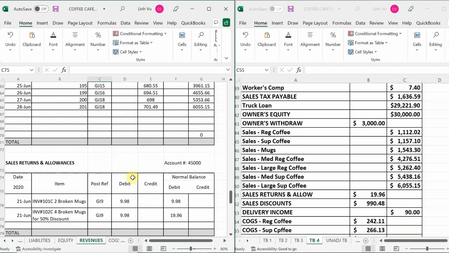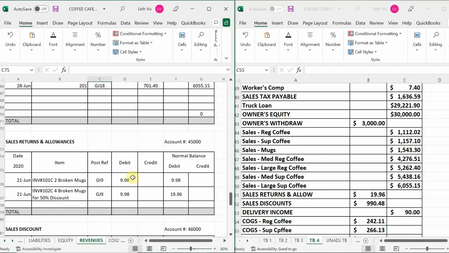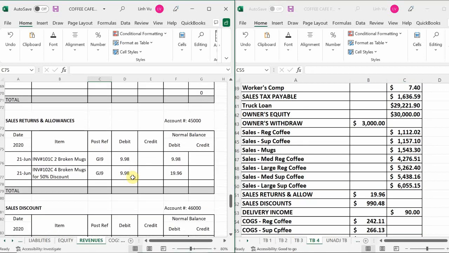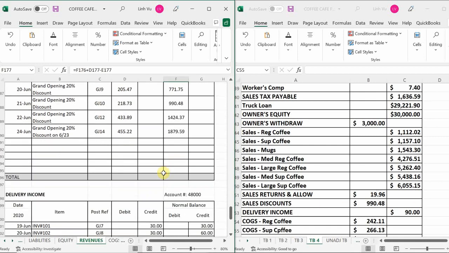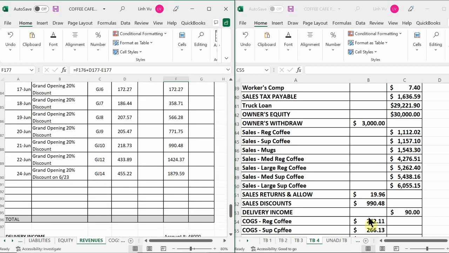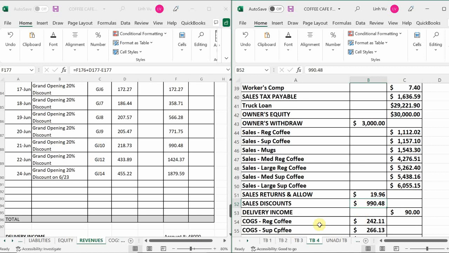Then we had some sales returns and allowances for $19.96, so that's still the same. We have some sales discount, right? What's my current sales discount right now? $18.79.59.